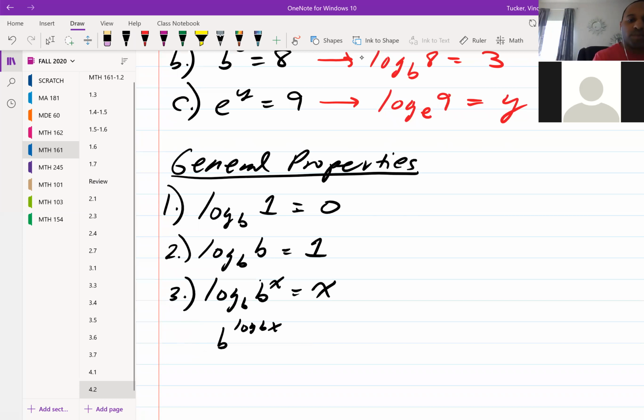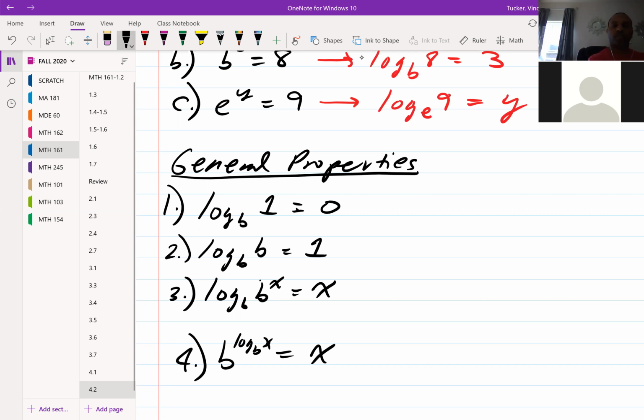See if I can write that one better. All right, so general properties. Log with the base of anything being applied to 1 is equal to 0.